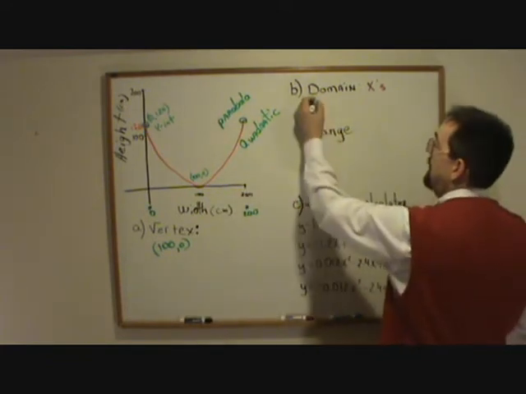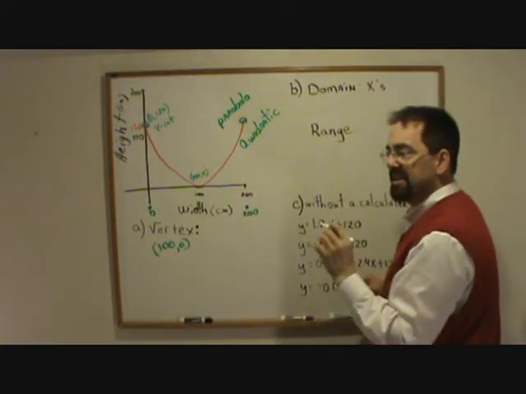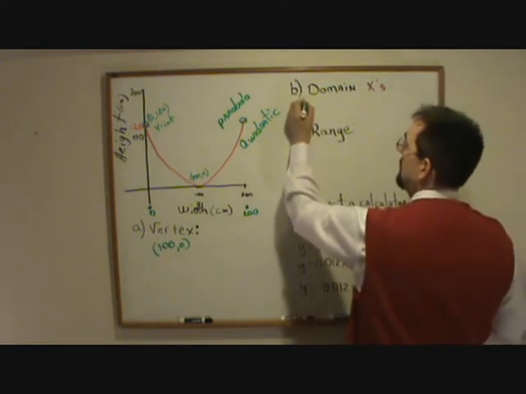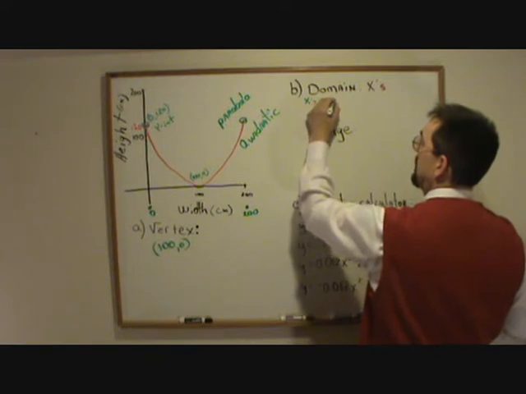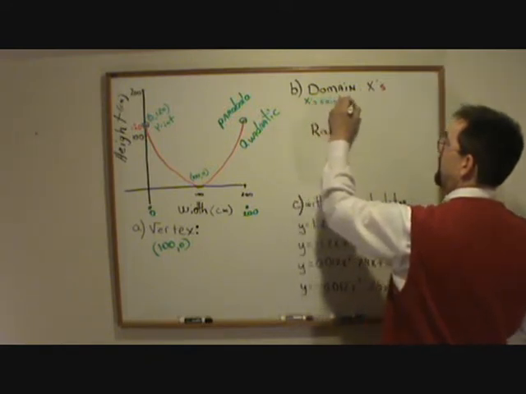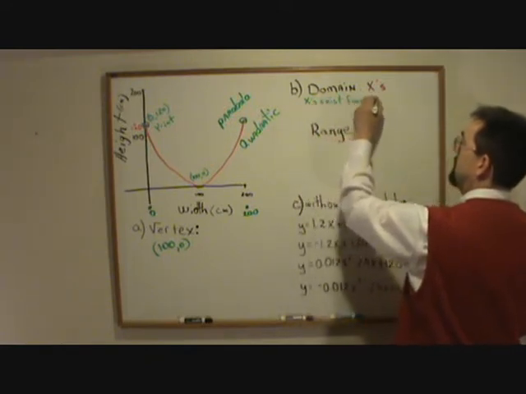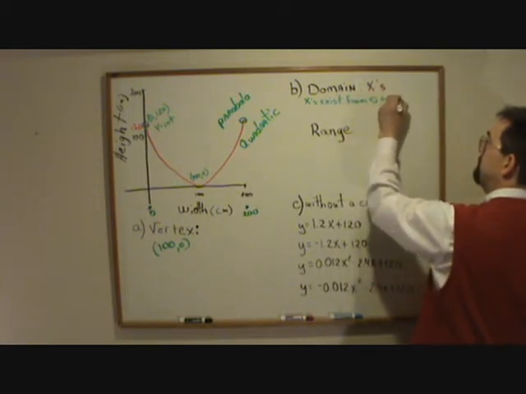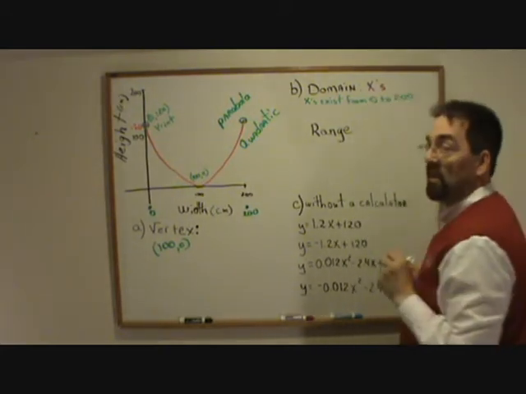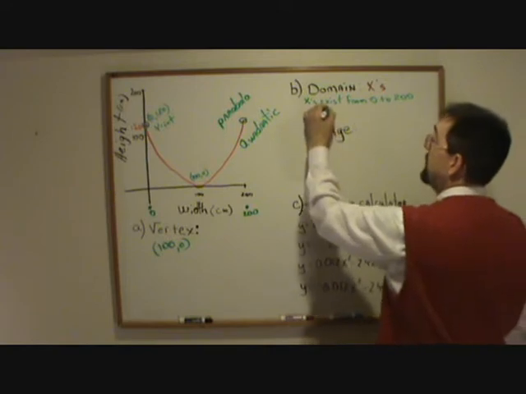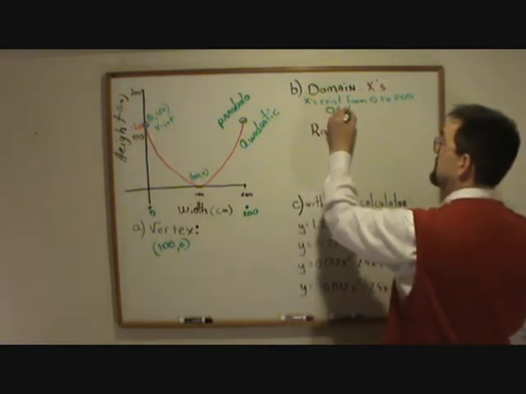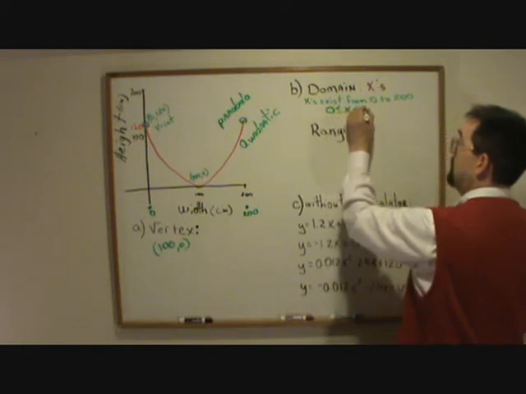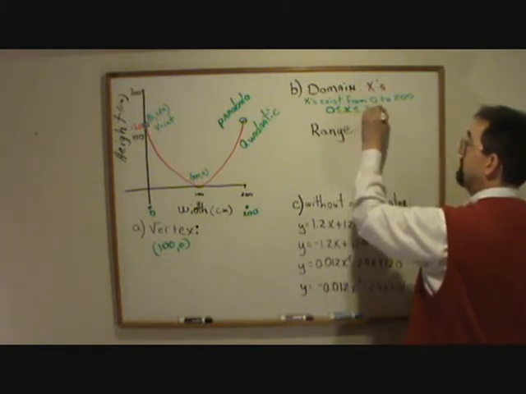So let's write that, and we'll use it in sentence form. X's exist from 0 to 200. In math notation, we could actually say 0 less than or equal to x less than or equal to 200.